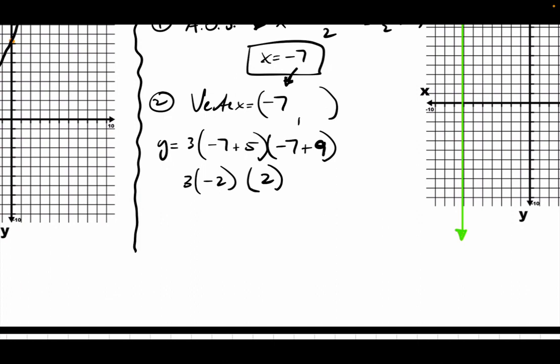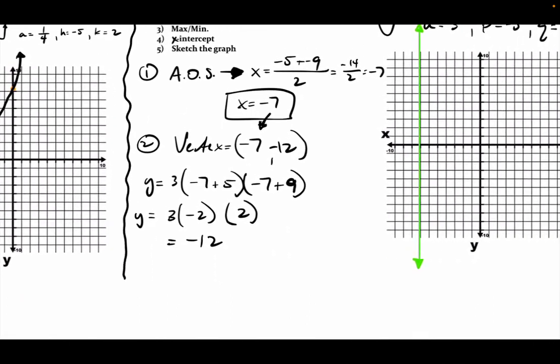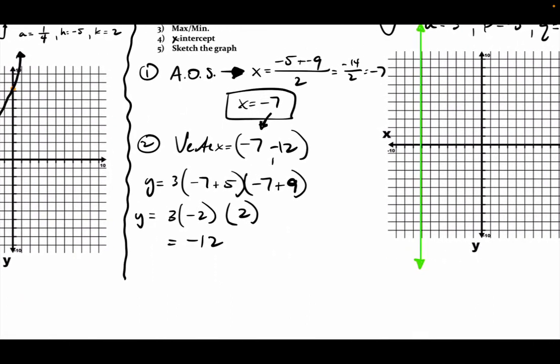Negative 7 plus 9 is positive 2. Multiply. So when you multiply, you're going to get negative 12. So the vertex is at negative 7, up 12, or down 12, sorry. It's a little bit off. It's like right there.